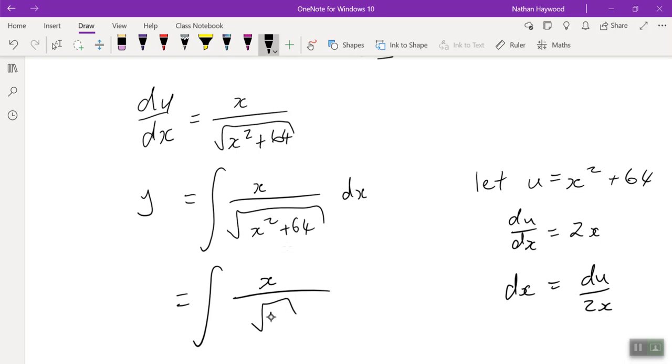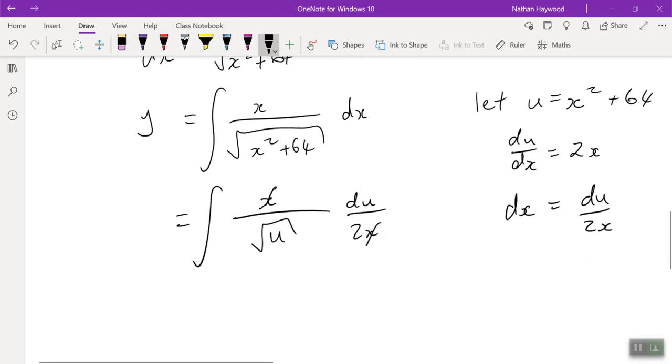So this becomes the u. And this is, we substitute, instead of dx, we substituted that in, so the x's cancel out. So we got 1 over u square root, which is the same as u to the half, du.